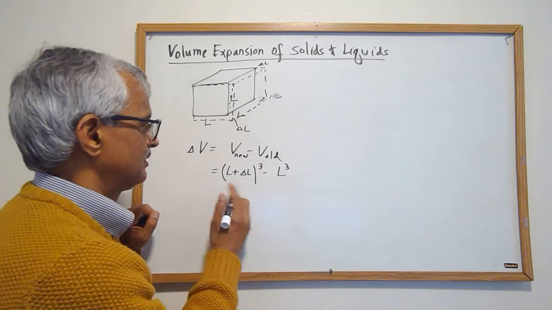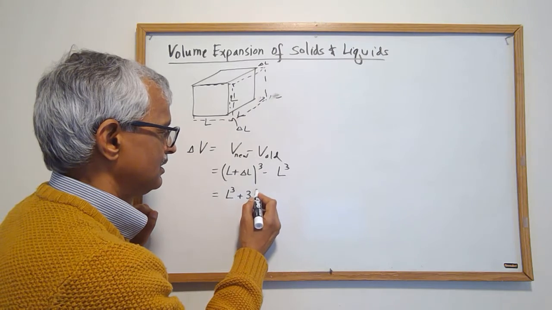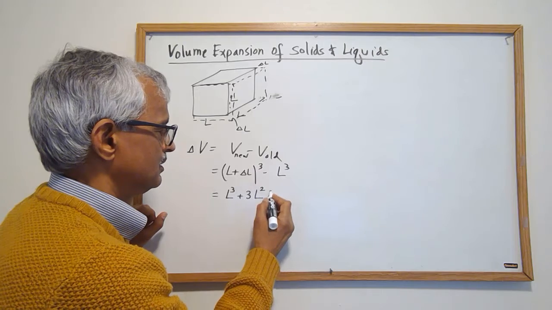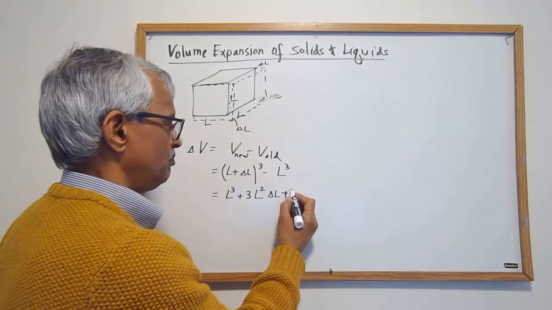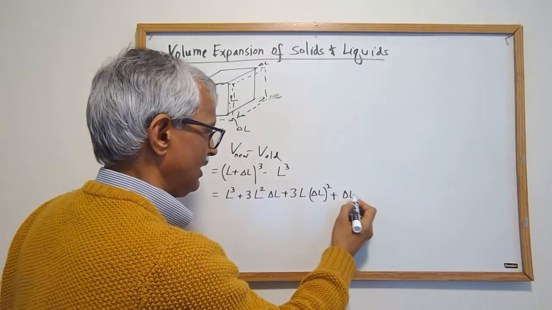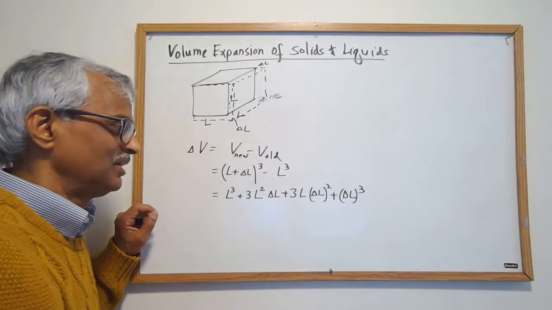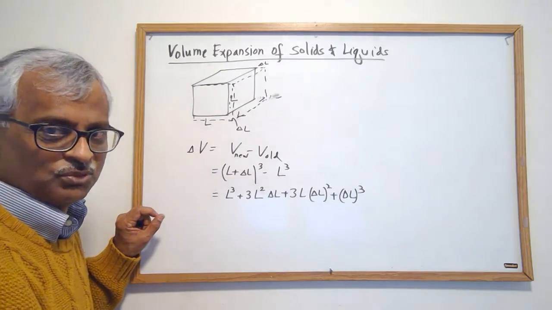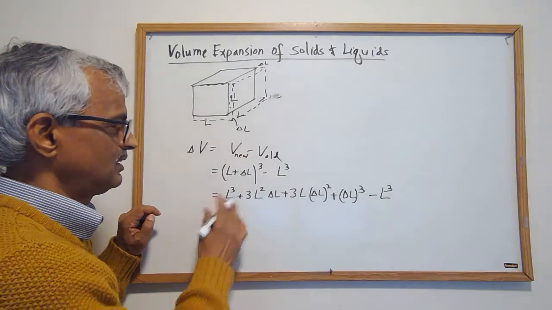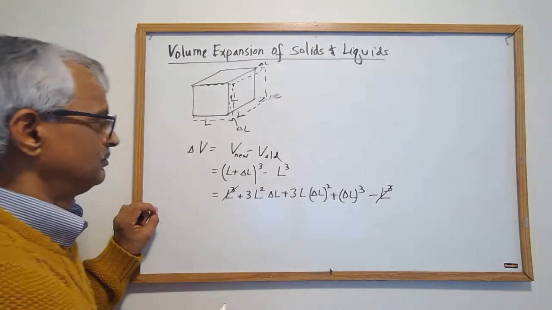Now we expand this, and we get L cubed plus 3 L squared delta L plus 3 L delta L squared plus delta L cubed. I didn't mean to send you to high school, but this is just cubic expansion. Minus L cubed. So that's the change in the volume, and you can cancel this guy out.